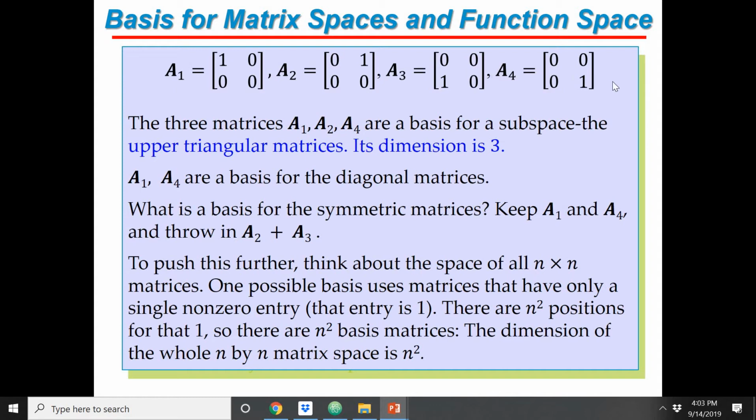Remember, lower and upper triangular still have non-zero diagonal elements. And if you want the basis for a symmetric 2 by 2 matrix, you need to keep A1, A4, and then you need to combine A2 and A3 into a new basis matrix that is A2 plus A3. So you will need to have a 1 in each off-diagonal position to be able to generate symmetric matrices.